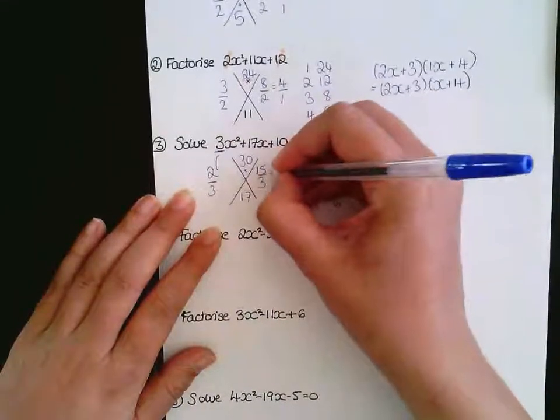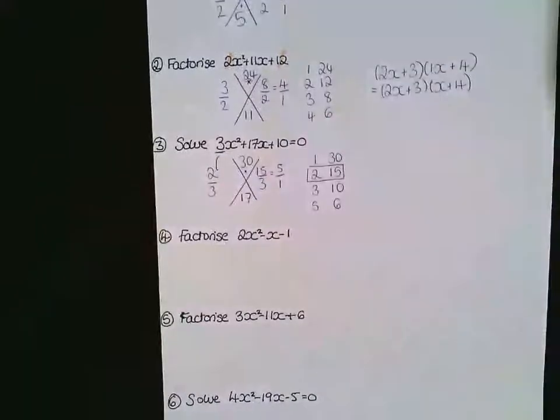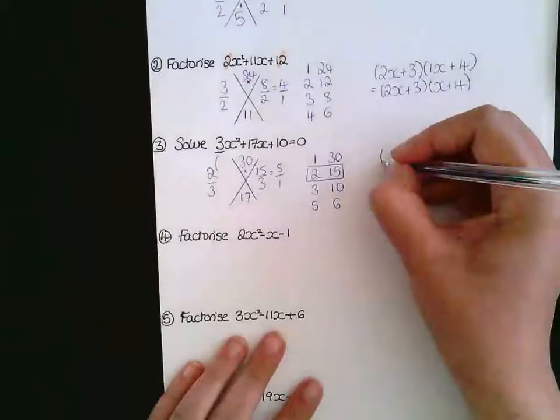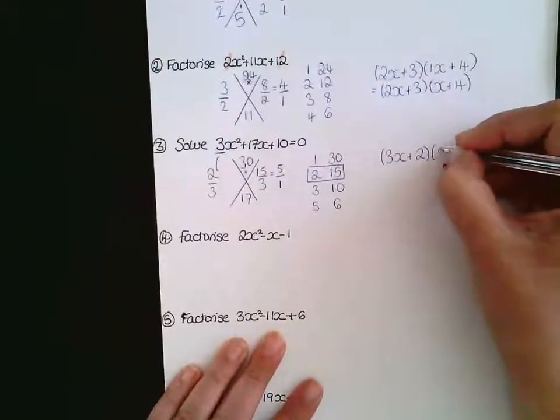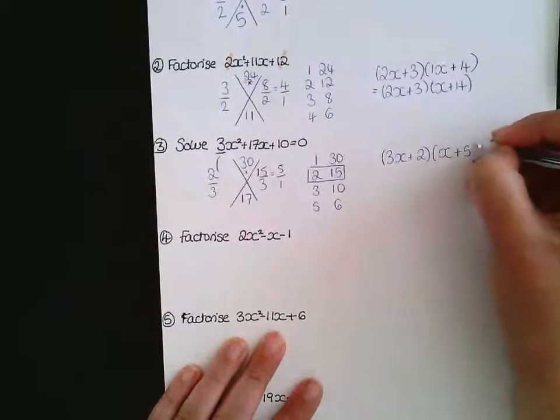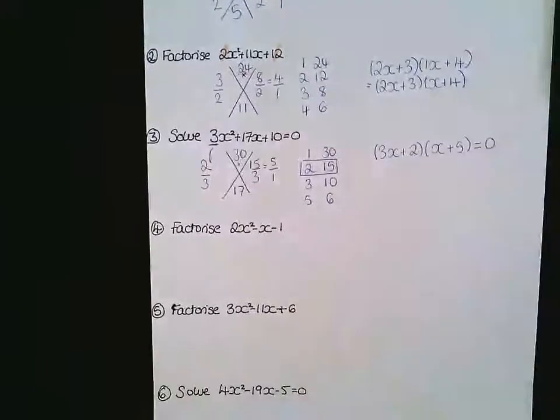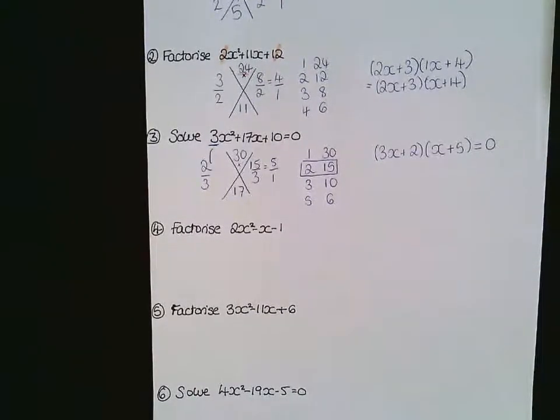This one can be simplified, so I simplify. Denominator, numerator. Denominator, numerator. But this time I've got the equals 0.